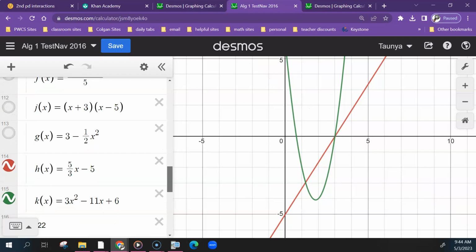So then those 2 would have x-intercepts of 3. Any questions about Desmos? Any Desmos tricks that you need me to go back to?